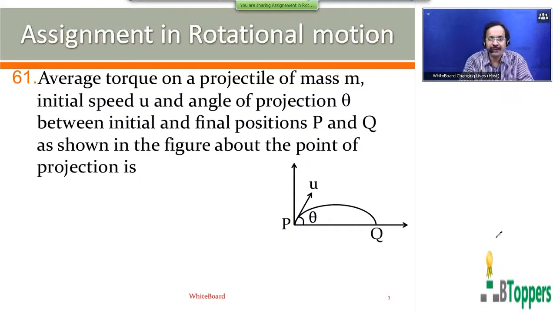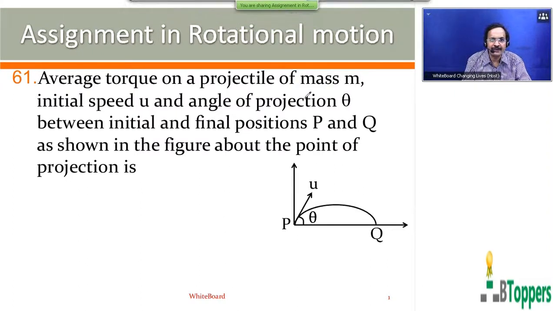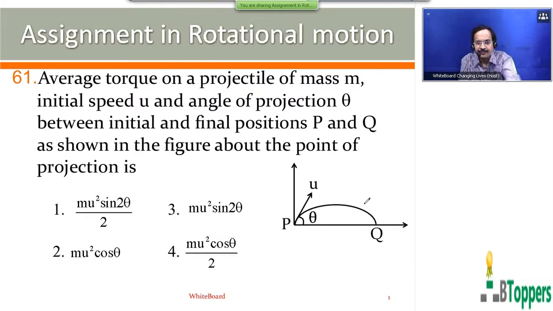So question number 61, you can see the average torque on a projectile. Average torque on a projectile of mass m, initial speed u, and angle of projection theta between the initial and final positions p and q, as shown in the figure, about the point of projection is.